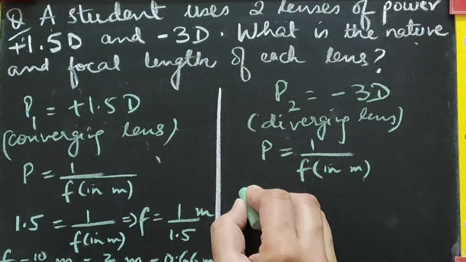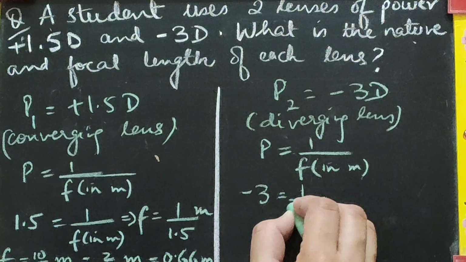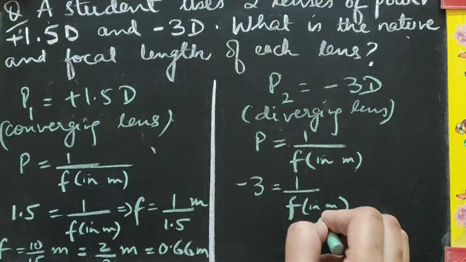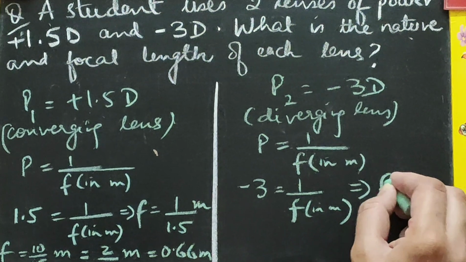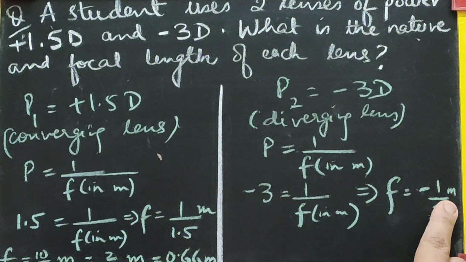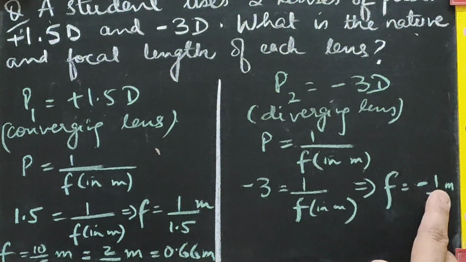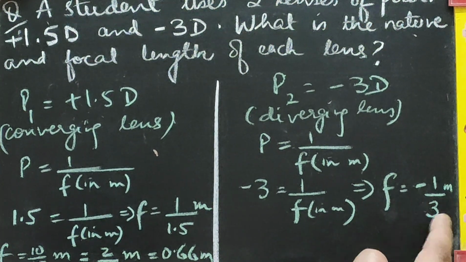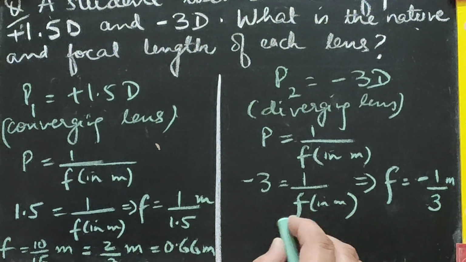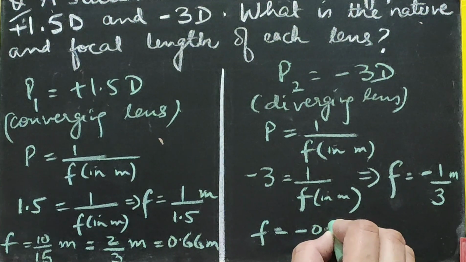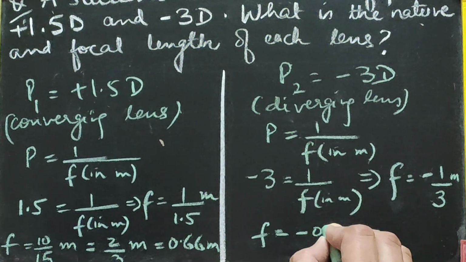Putting the value of power here, this implies focal length will be minus 1 upon 3 meters. Again, remember your answer of focal length here will be in meters. So simplifying this further, minus 1 upon 3 meters, or I can rewrite focal length as minus 0.33 meters.